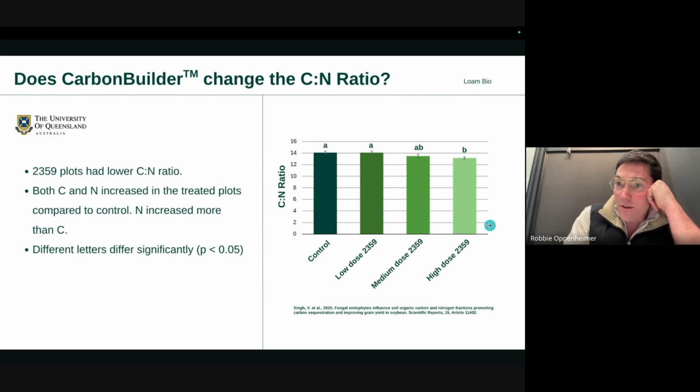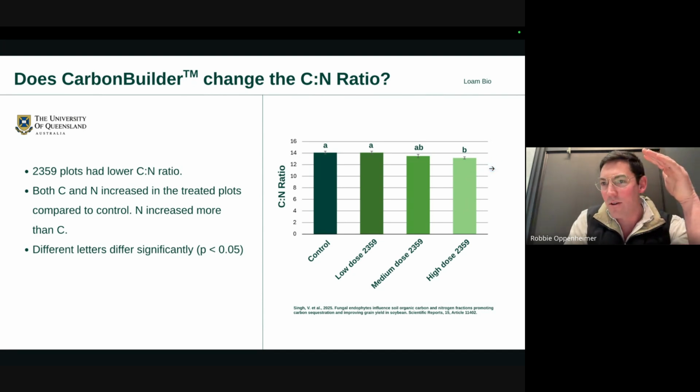So actually what was observed here is that the plots that had the higher dose rates of 2359 actually lowered the carbon nitrogen ratio, got it closer to around a C to N ratio of 12, which is the natural stoichiometry that soils are pushing to. And what this means is that while carbon and nitrogen both increased, the nitrogen increased more than carbon in this case.